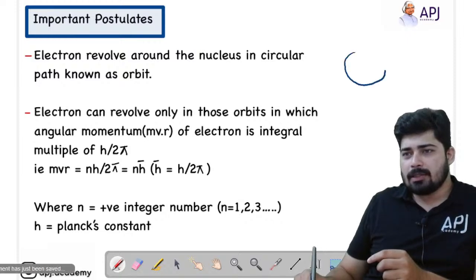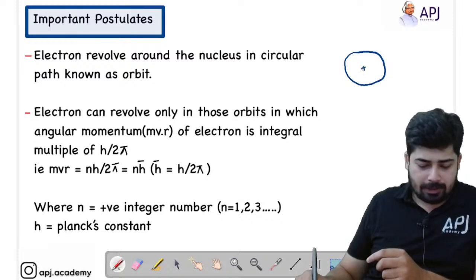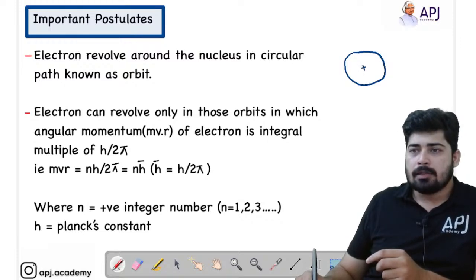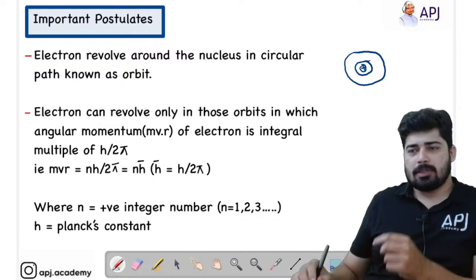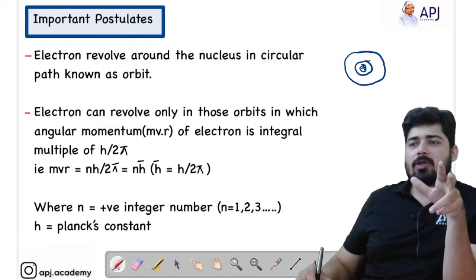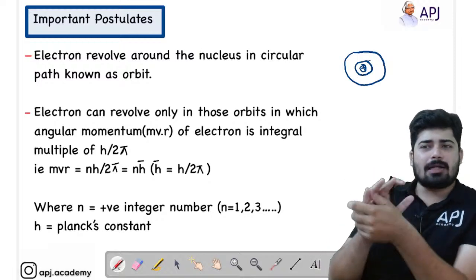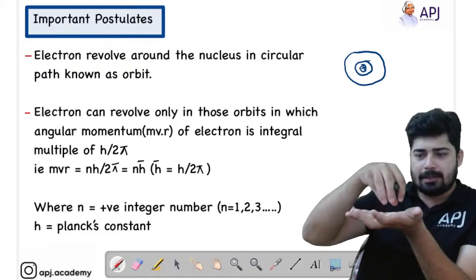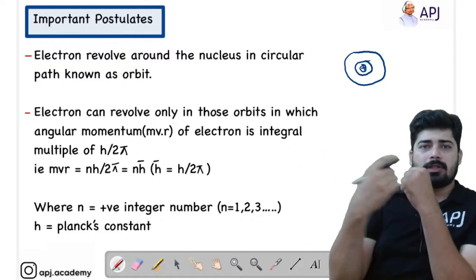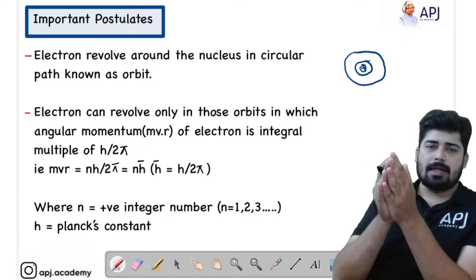We know that this is an atom, and here we have the nucleus in the center, and the electrons are revolving around the nucleus in circular orbits. In Rutherford's atomic model also, you have studied almost a similar concept: the nucleus is concentrated at the center of the atom and electrons revolve around it in fixed orbitals.